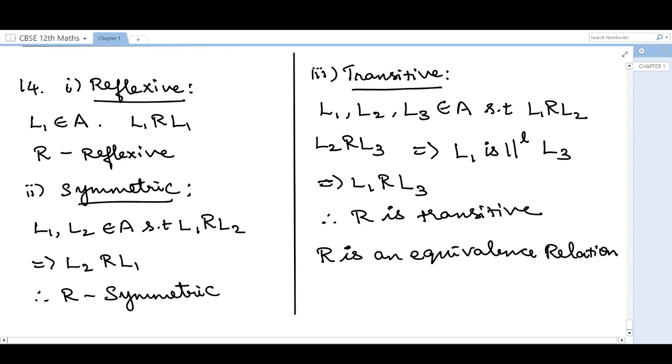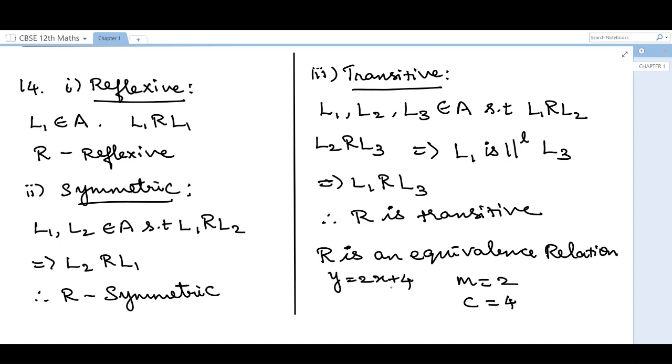Now we have to identify the set of all lines that are related to the line y equal to 2x plus 4. From the given straight line, we can observe that here the slope m is equal to 2 and the y-intercept c is 4. We have to identify the lines in the set A that are parallel to this line.